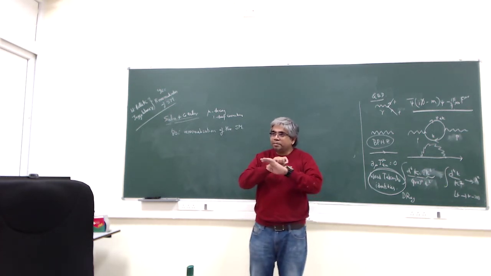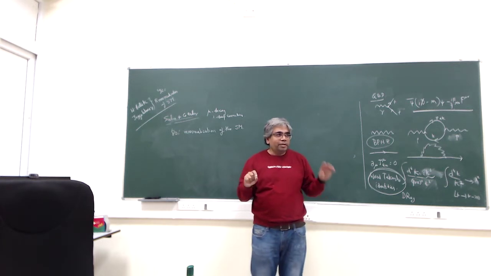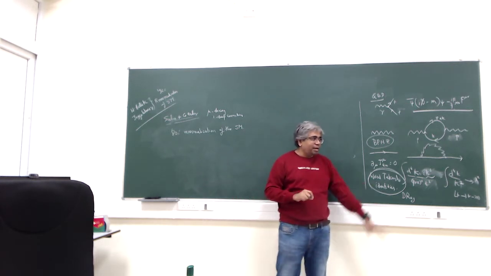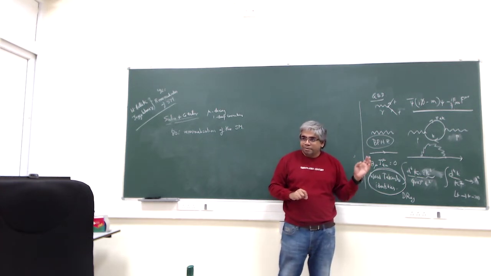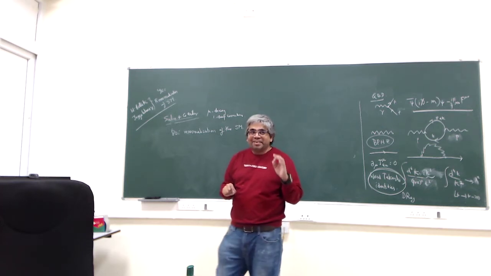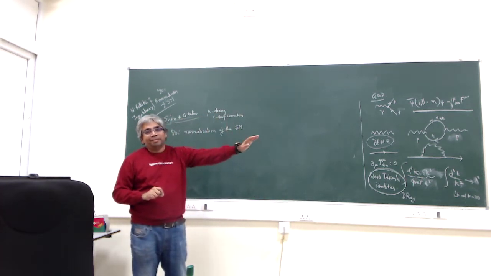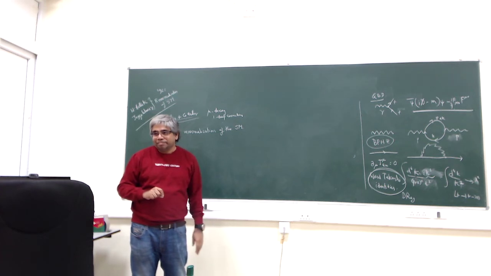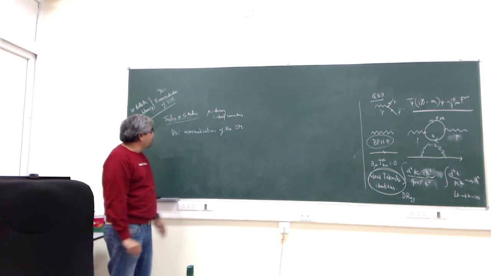There is nothing called a scheme independent quantity. If you tell what the mass of an electron is, you have to tell what scheme you are asking for. If you are accurate, you should say that in the MS-bar scheme, this is the number for the electron mass.